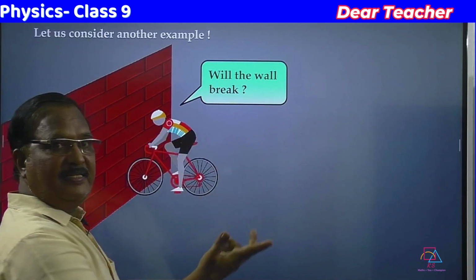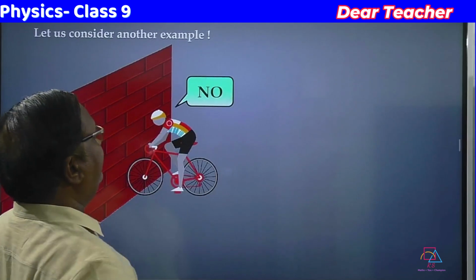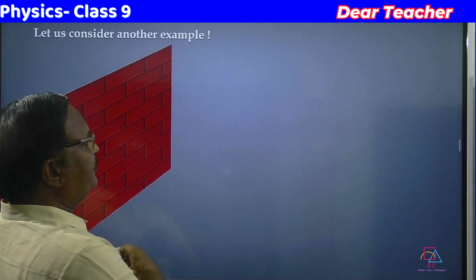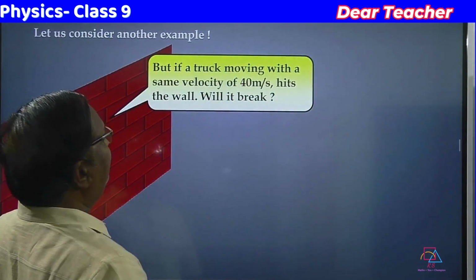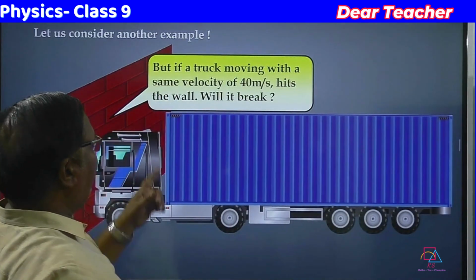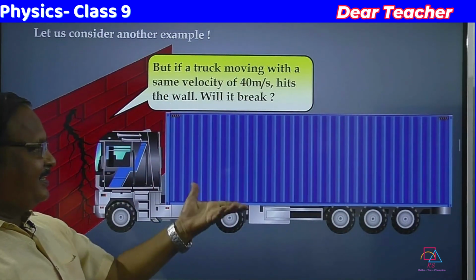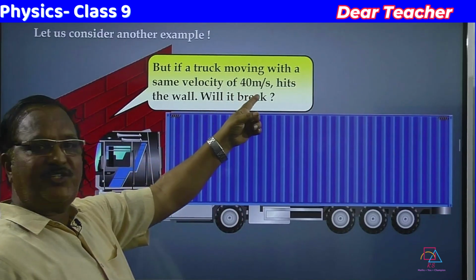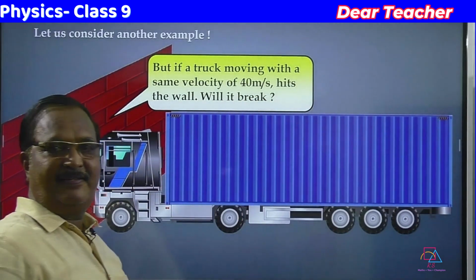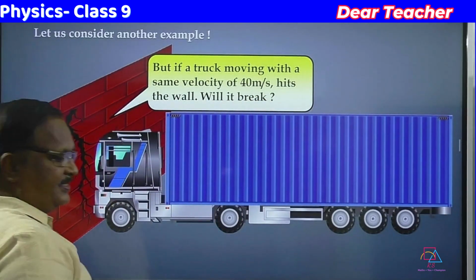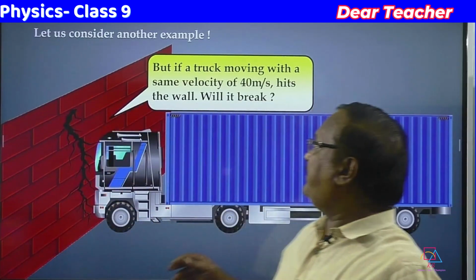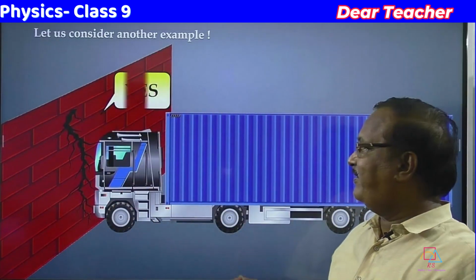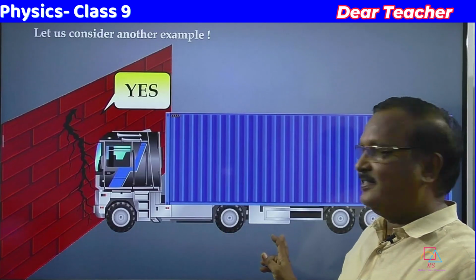His speed is 40. No. So then a truck moving with a velocity of 40 meters per second hits the wall, then what happens? Will it break? Of course, yes.